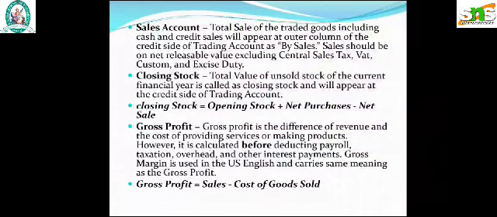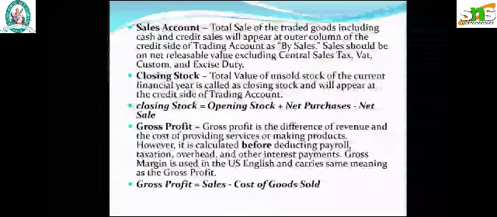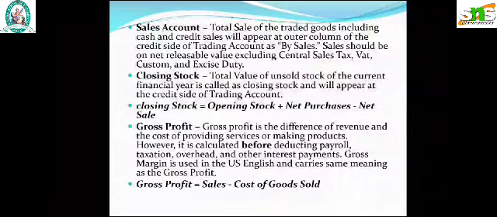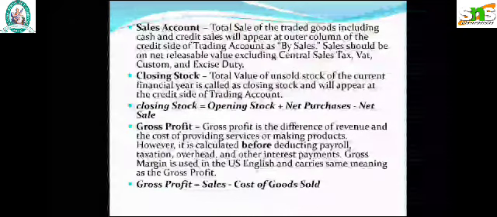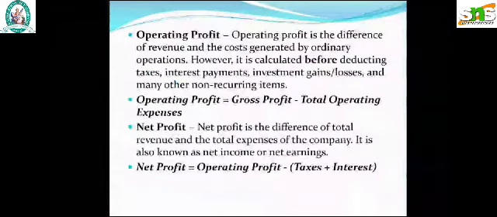Next one is gross profit. Gross profit is the difference of revenue and the cost of providing service or making products. However, it is calculated before determining payroll. The formula of gross profit is equal to sale minus cost of goods sold.